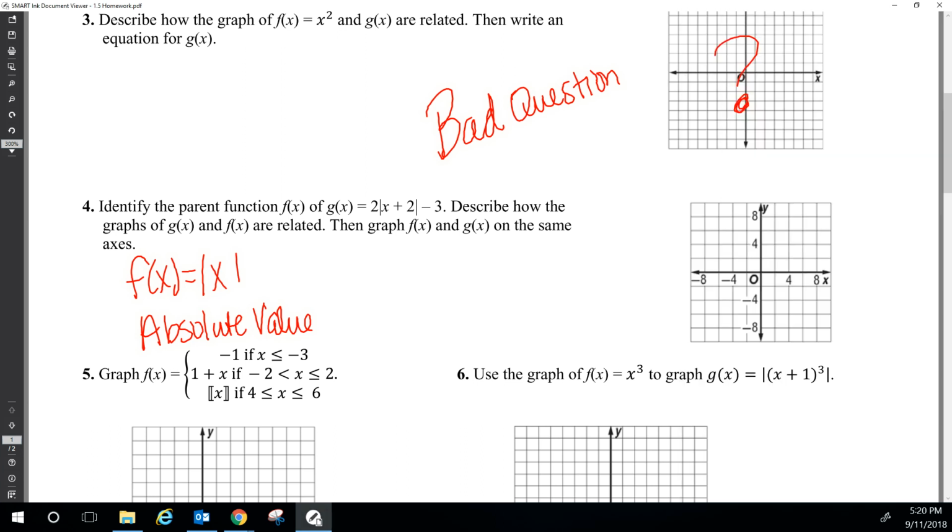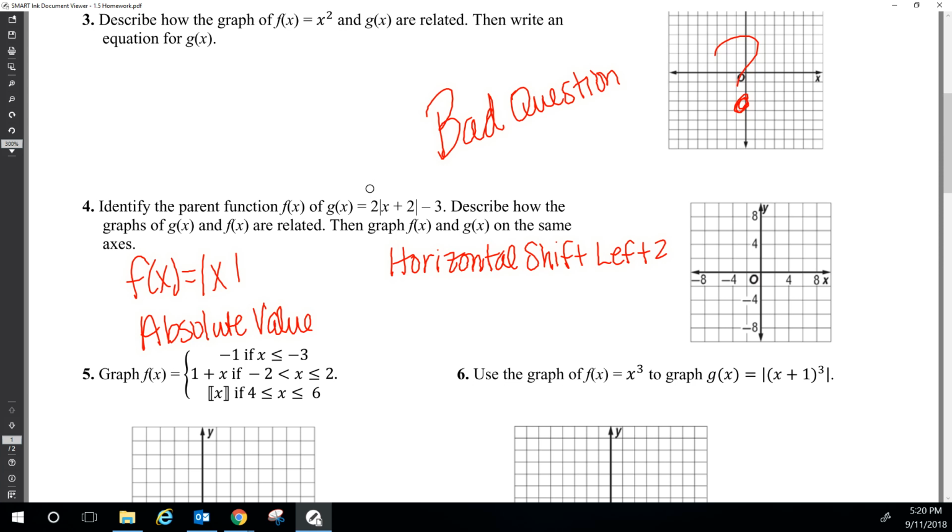Then it says, describe how the graphs of g of x and f of x are related. This is where a lot of you did not tell me what was happening on your quiz. First off, in my absolute value, I've got this +2. That's a horizontal shift. It says to the right 2, but I know it's going to do the opposite. It's going to go to the left 2.